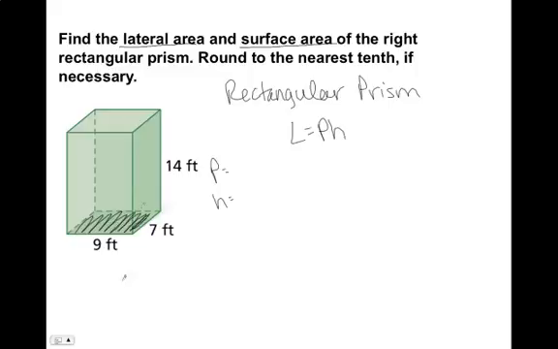So the perimeter, we just add up all the sides and we get that it is 32 feet. The height is what's connecting the two bases, which is 14 feet. From here, we just substitute in and we get that it has a lateral surface area of 448 feet squared.